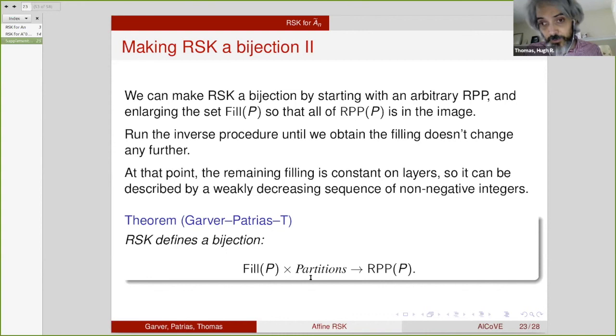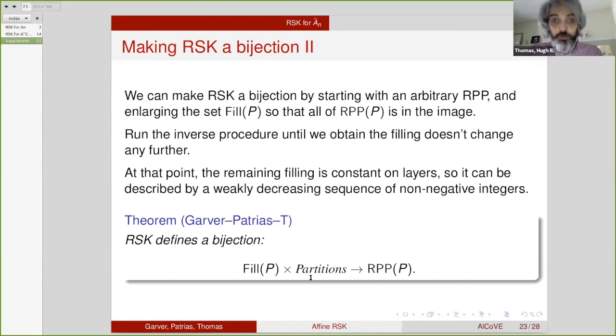It turns out that if you run this process backwards, eventually it stabilizes and you just get this thing that's persisting, like that example we looked at. At that point, the remaining filling is constant on the layers, so you can just describe it by a partition.